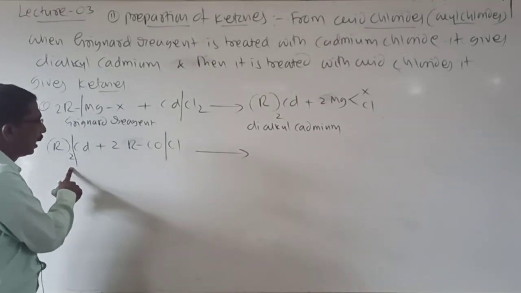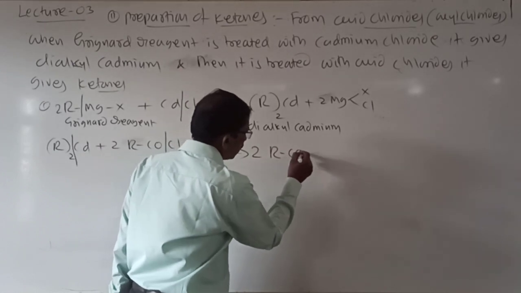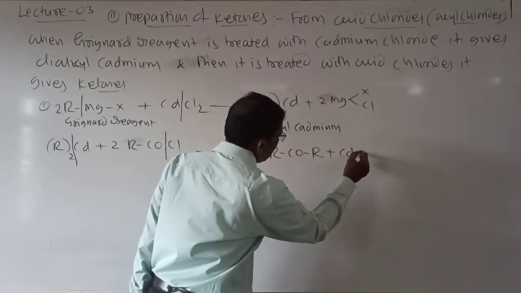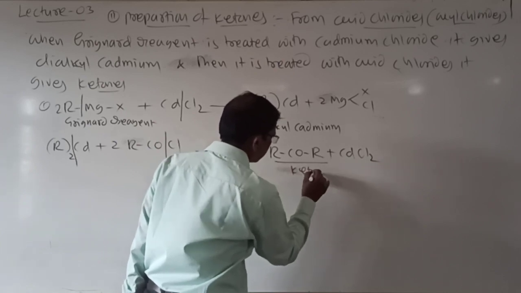I will take 2 common and CO is 2. So here I will write 2RCOR plus CdCl2. So this is called a ketone.